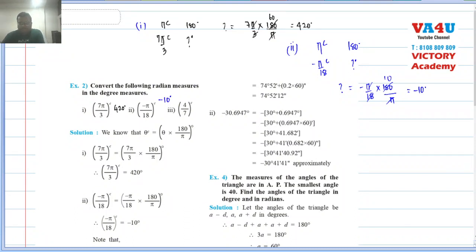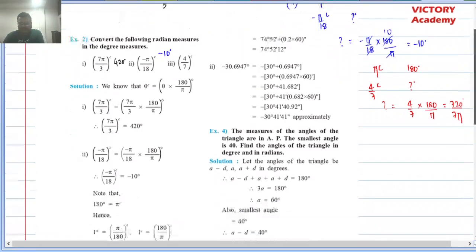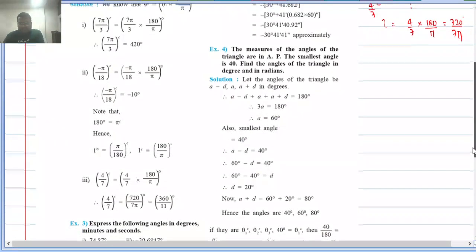Third one. 4 by 7 radians. We know that pi radians is 180 degrees. So 4 by 7 radians is how many degrees? So question mark is 4 by 7 into 180 upon pi. 720 upon 7 pi degrees. Okay. Fine.